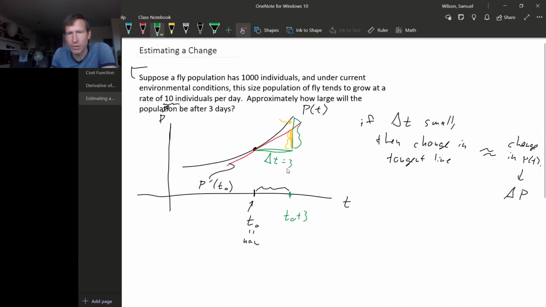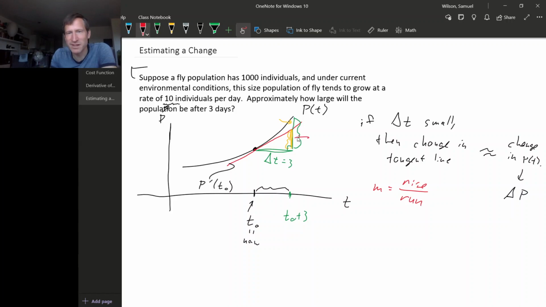So we know the slope of this red line. We know this horizontal distance is 3. But this vertical distance, we have this right triangle here. We have this line with a change horizontally and a change vertically. We know that in this situation, this slope is the rise caused by moving over some amount.